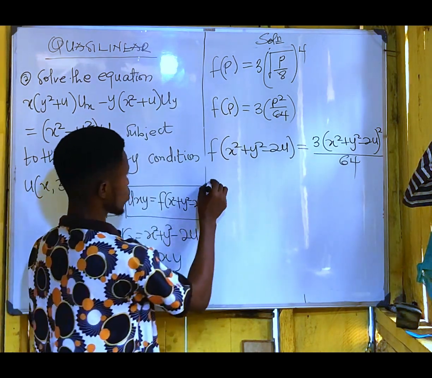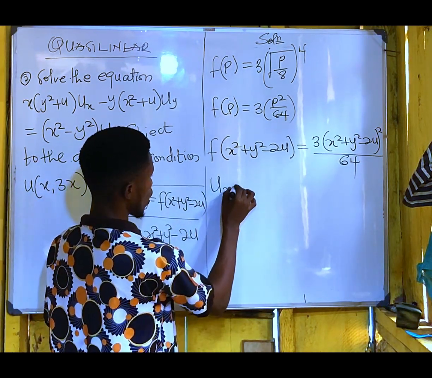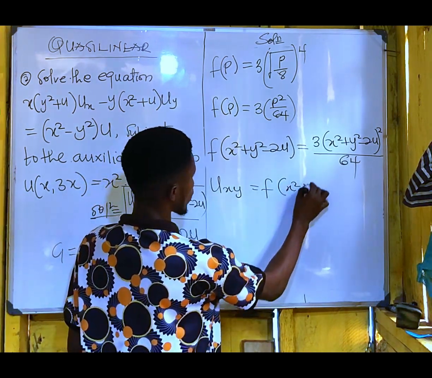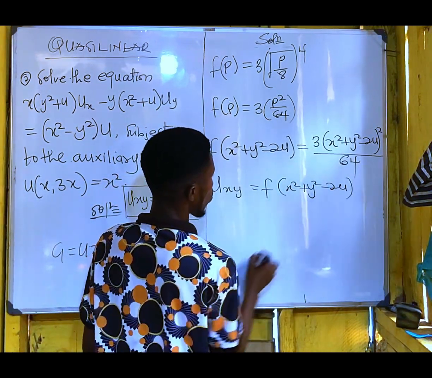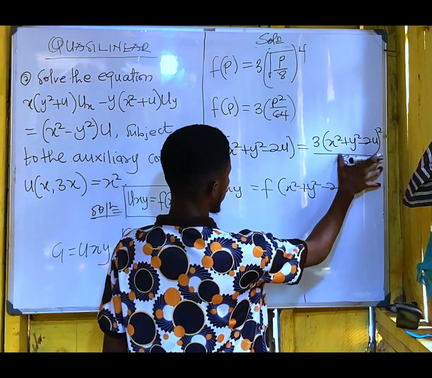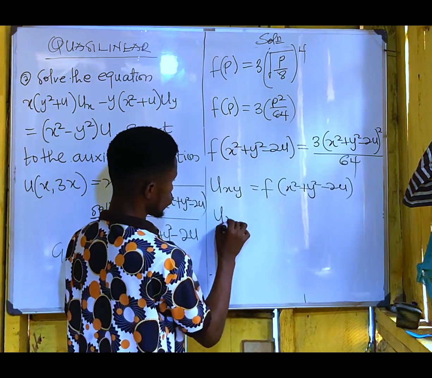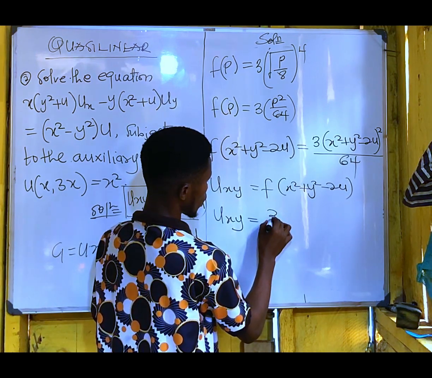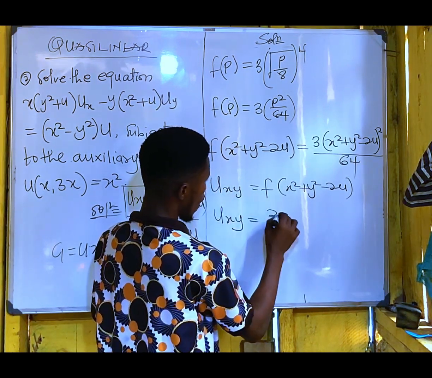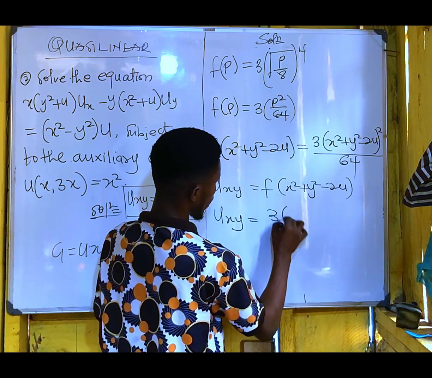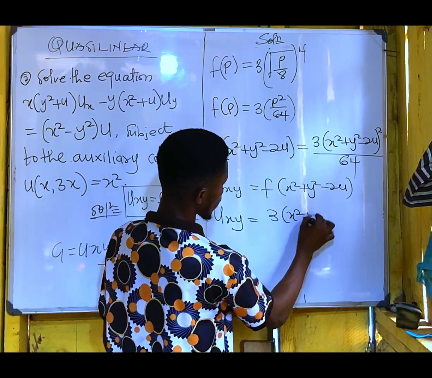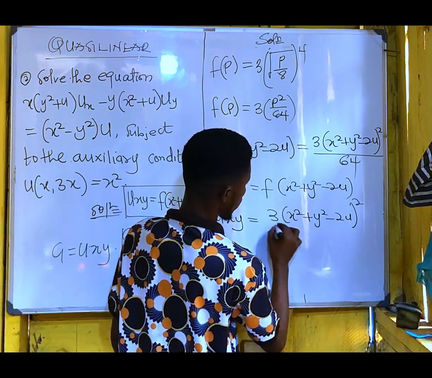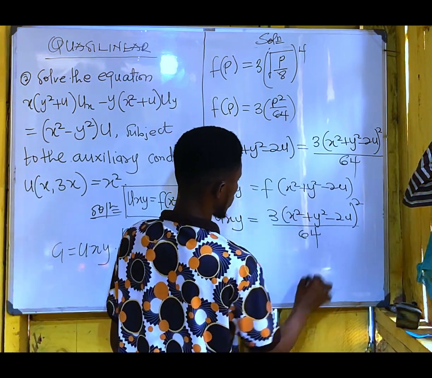So let's come back to this place. u over xy equals f of x² + y² − 2u, and the whole of this is now this one. So we are going to have u over xy equals 3 bracket open x² + y² − 2u all squared divided by 64.